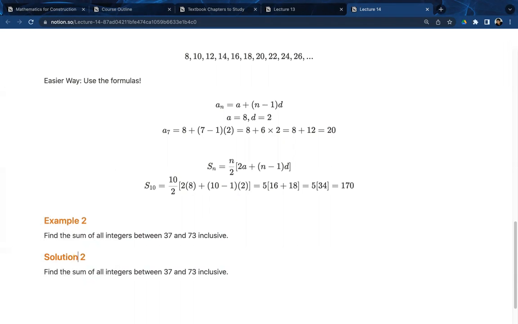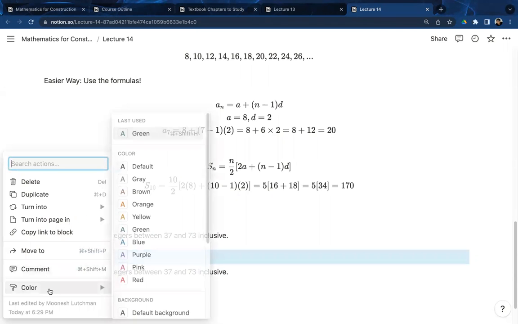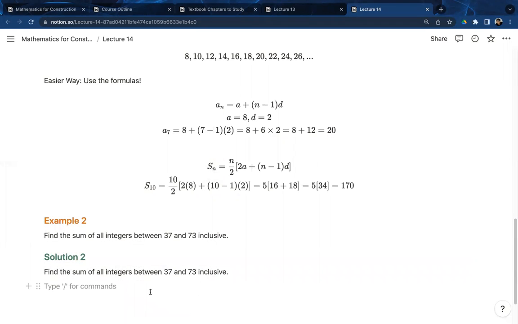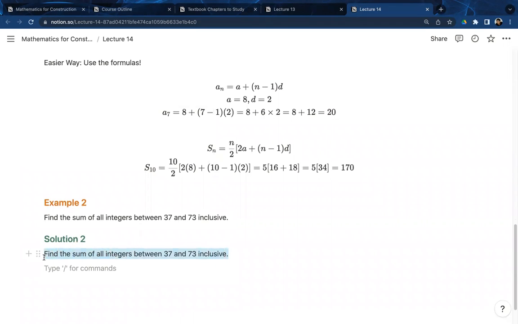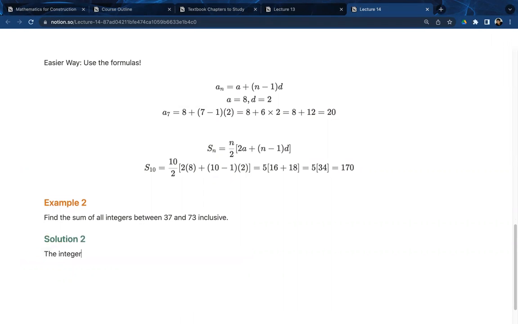Solution 2. So the integers between 37 and 73 form an AP with first term 37 and common difference 1.